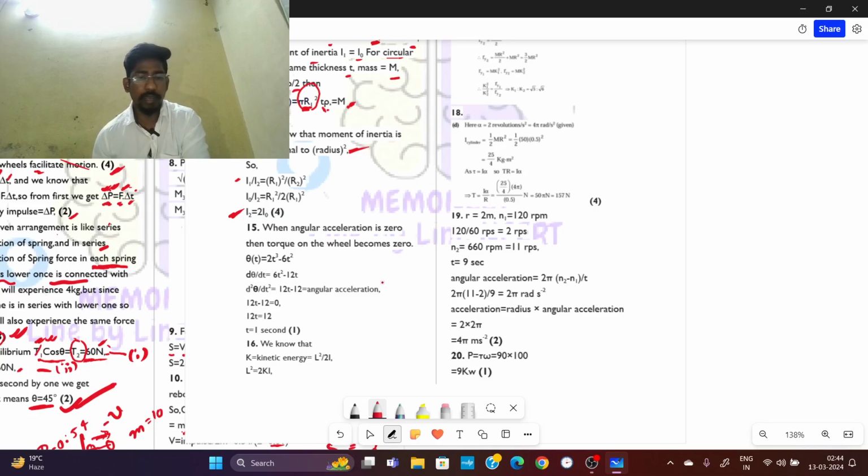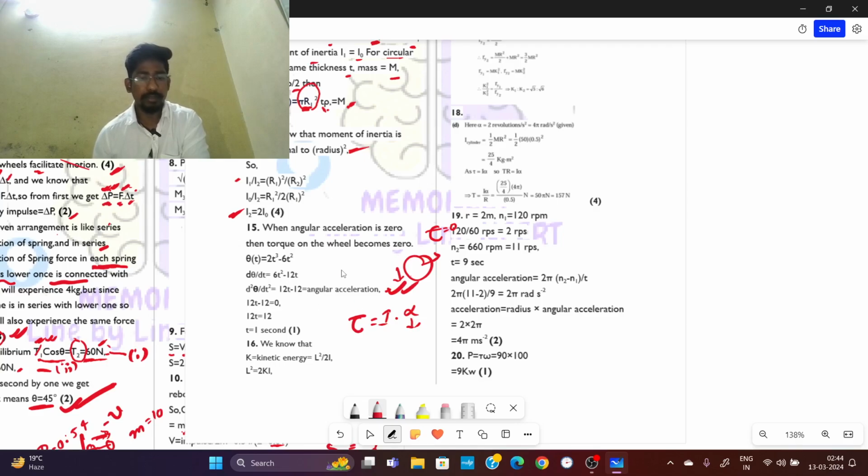So, first you have to calculate the angular acceleration, as the torque acting on the object, you have to make it 0. As we know, torque is nothing but I into alpha, where alpha is the rotational acceleration or angular acceleration.